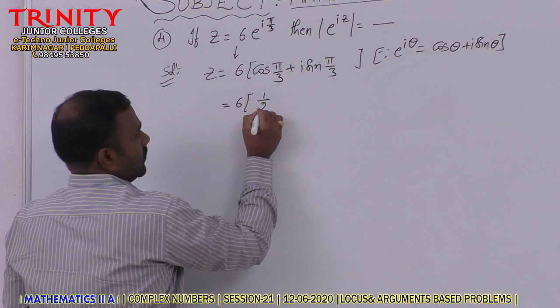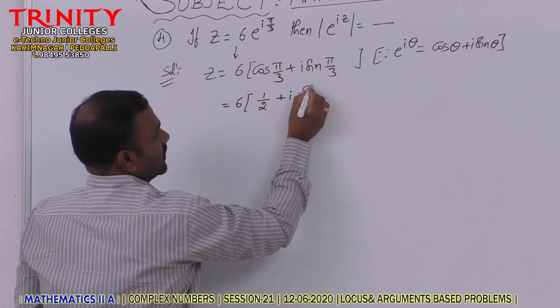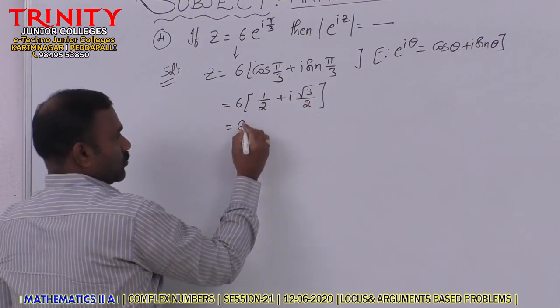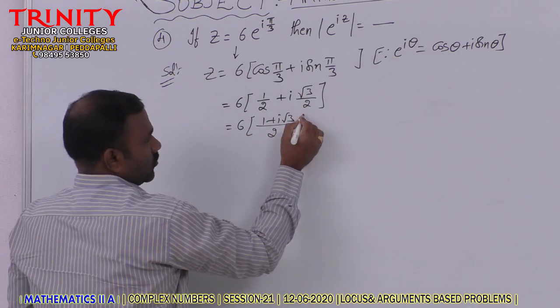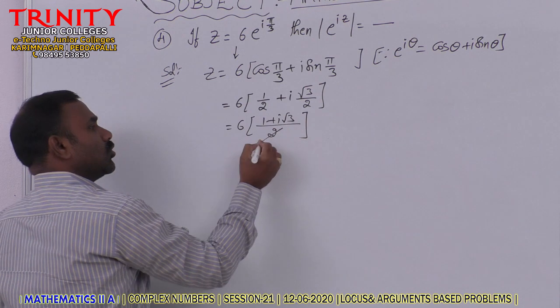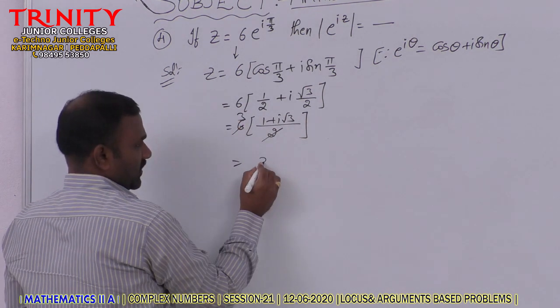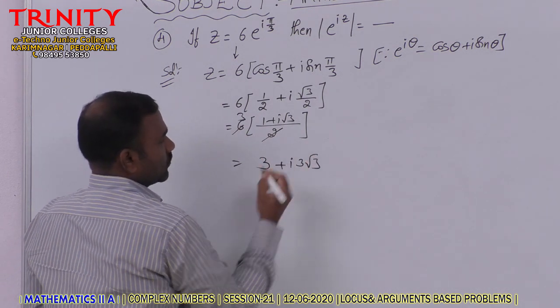Cos 60 value is 1 by 2, plus i into sin 60 degrees value root 3 by 2. 6 into, LCM is 2, 1 plus i root 3 by 2. 2 ones are 2, 3s are. Then multiply with 3. This becomes 3 plus i into 3 root 3.